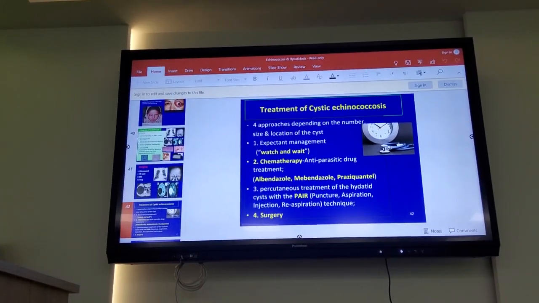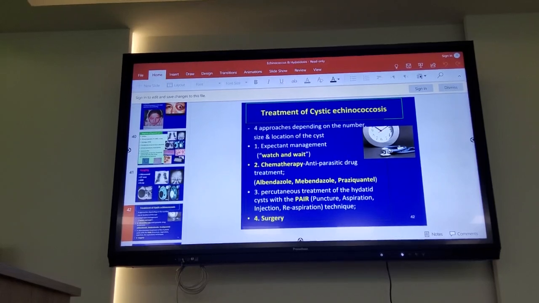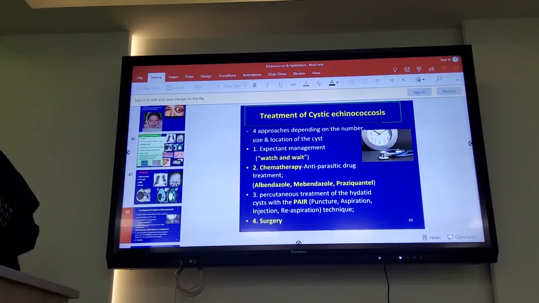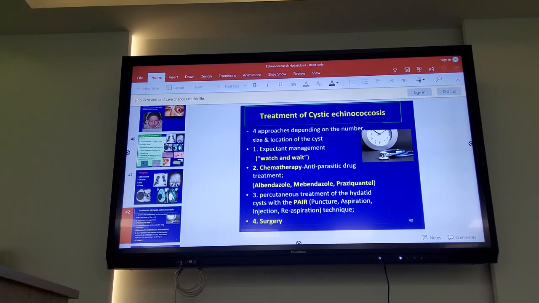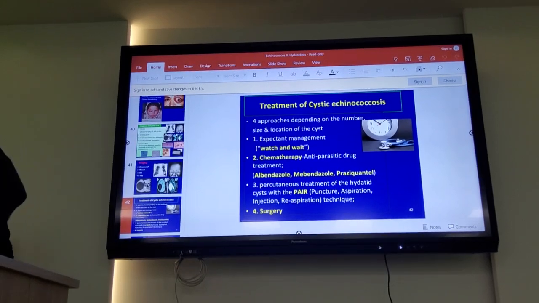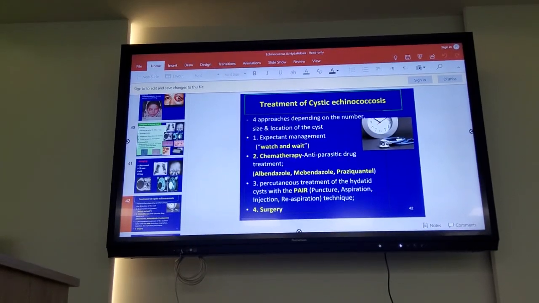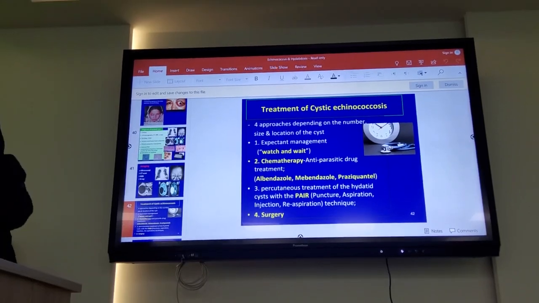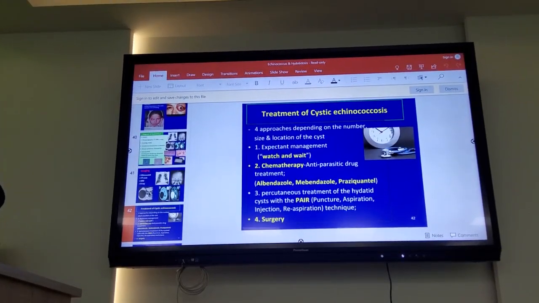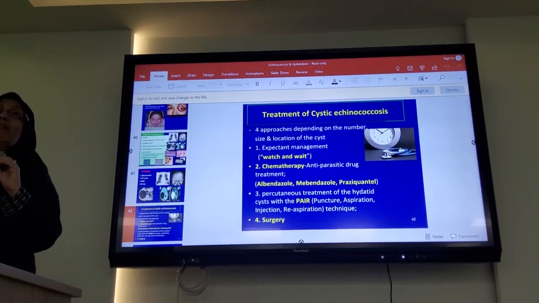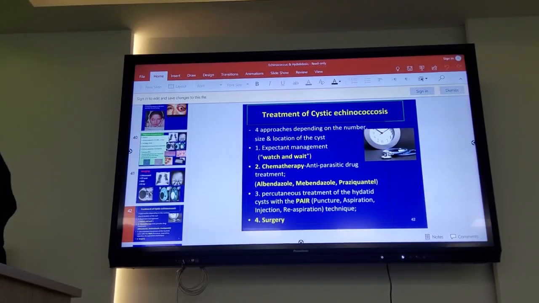Every several months we do new imaging to consider if the cyst is growing, if the cyst is actually active, so we need to move to other strategies. But if the cyst is going to be calcified, leave it, because the surgery of hydatidosis is very crucial and actually dangerous.